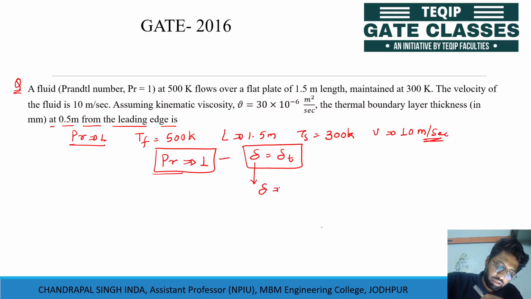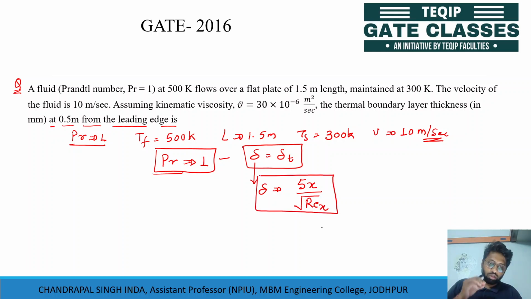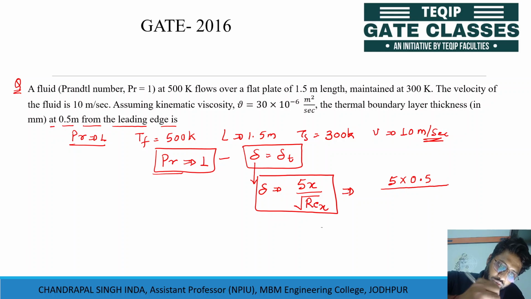Delta is equal to 5 into x divided by the square root of the Reynolds number at that location. So this delta has to be found at 0.5 meter from the leading edge. We'll put the value of x equal to 0.5, so we will have 5 into 0.5 under root.